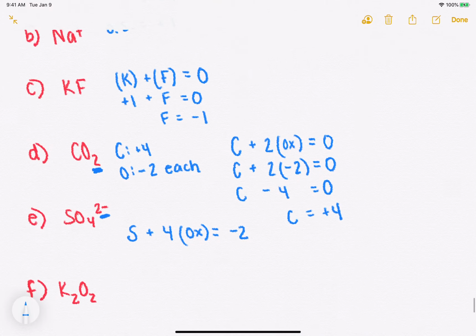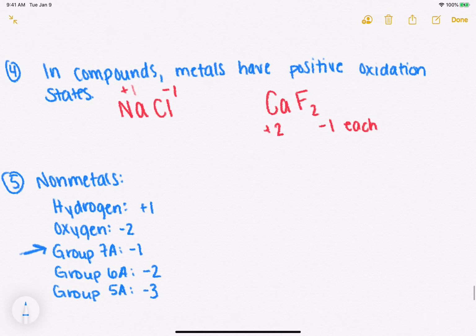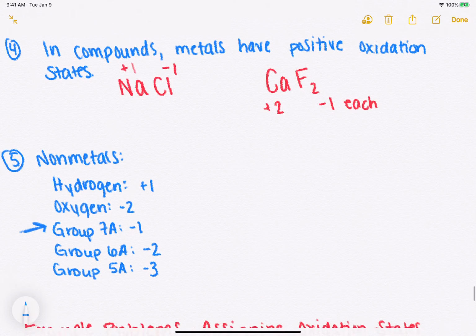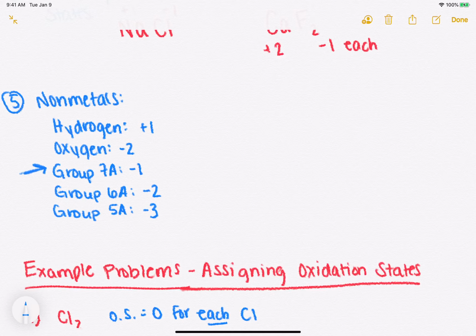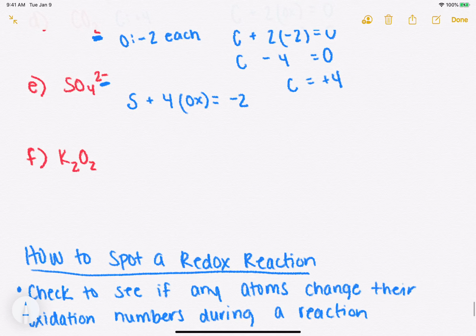So that was rule number 3. And rule number 4, metals have positive oxidation states. Neither sulfur nor oxygen are metals, so we move on to rule number 5. Nonmetals, we don't have any hydrogen in SO4 2-, but we do have, again, oxygen. So we have sulfur plus 4 times -2 equals -2.